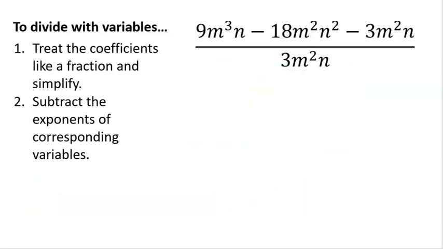So for this one, notice that they wrote it more as a fraction, and so what we're going to do is rewrite the top. And then this denominator here, we're going to put underneath each one.